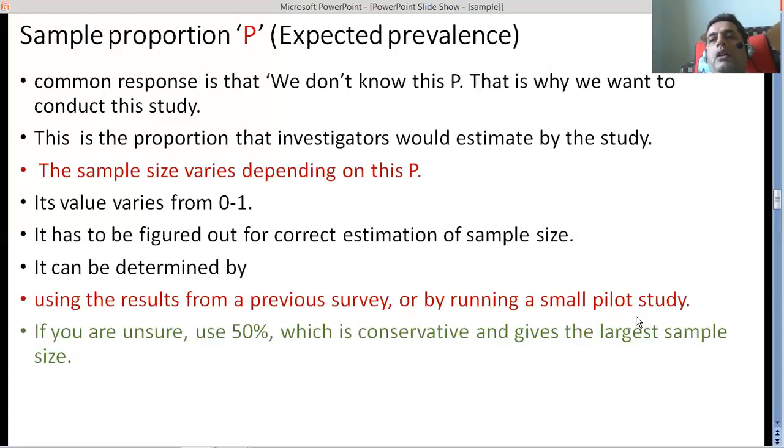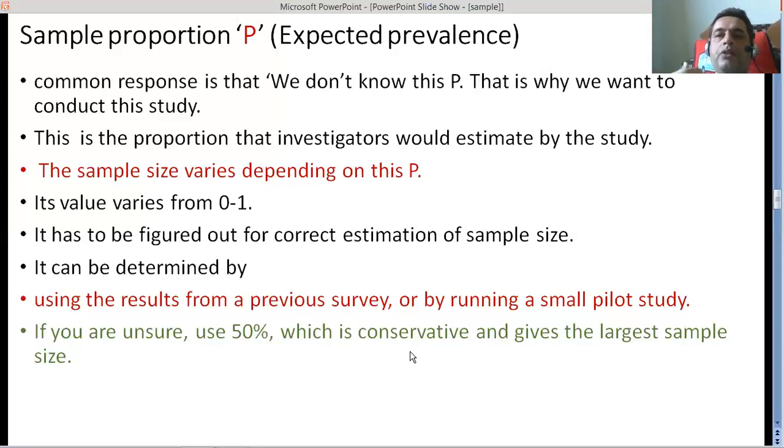If there is no data on the condition that you are going to investigate, then of course you can go for a pilot study, a small-scale study to figure out what the prevalence will be in a particular town, and then put that value in the equation. If you are absolutely unsure, then you can use this P, or expected prevalence, as 50%, which is conservative and gives the largest sample size.